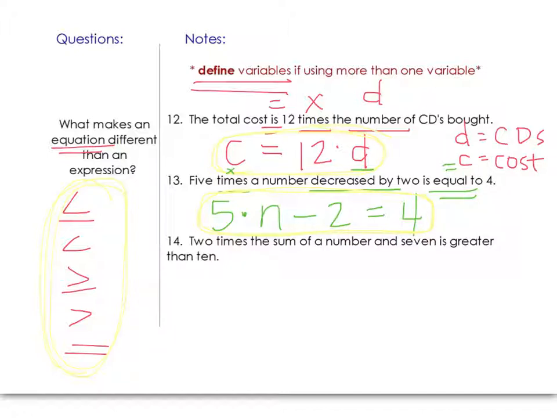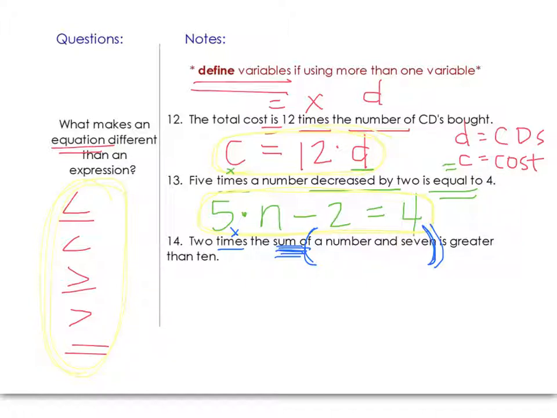Last one. Are you ready? Fasten your seatbelts. We got a big one coming. 2 times the sum of, what do I do when I see the word of or sum of? Ooh, that's right. I put my big old parentheses around it. So 2 times the sum of, big old parentheses, a number and 7.